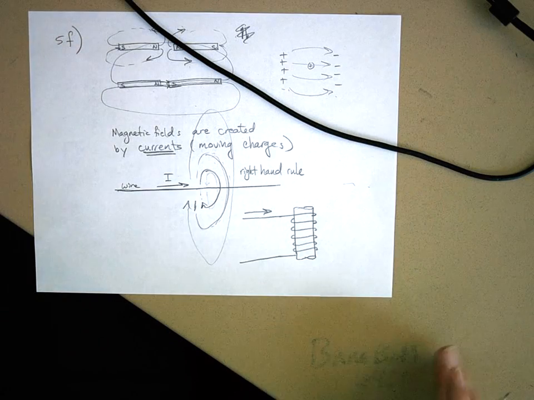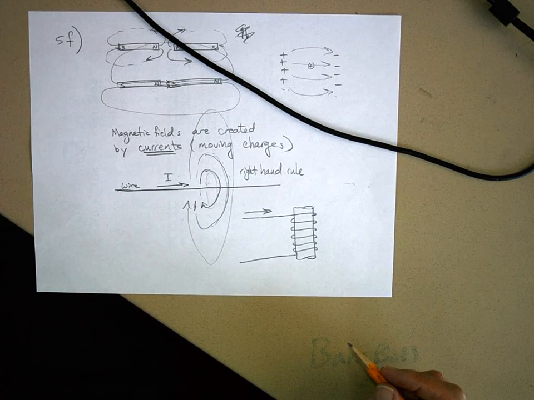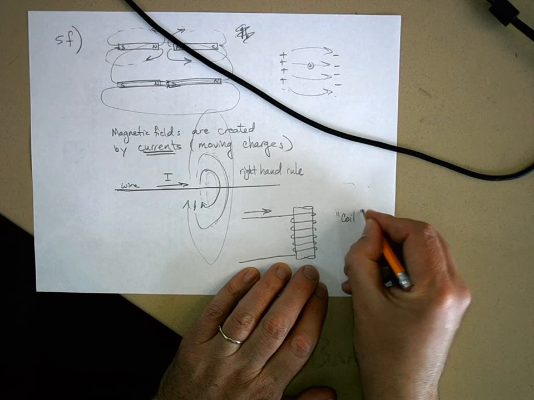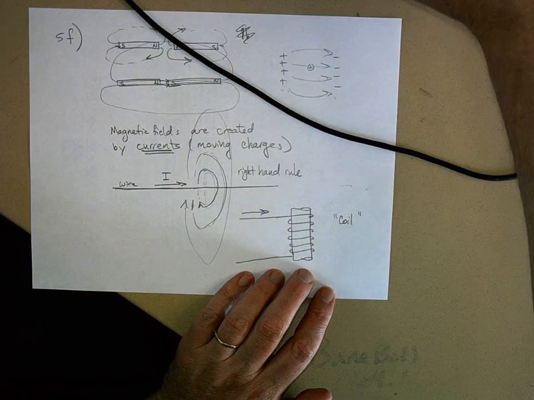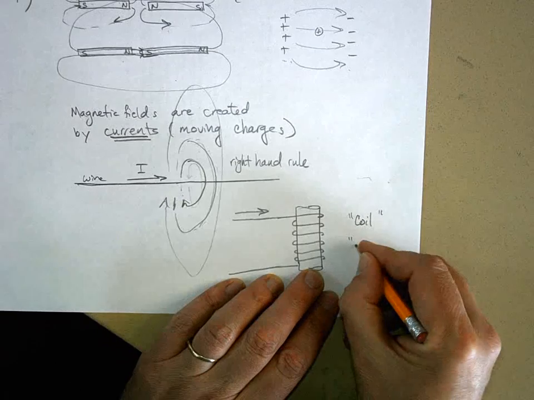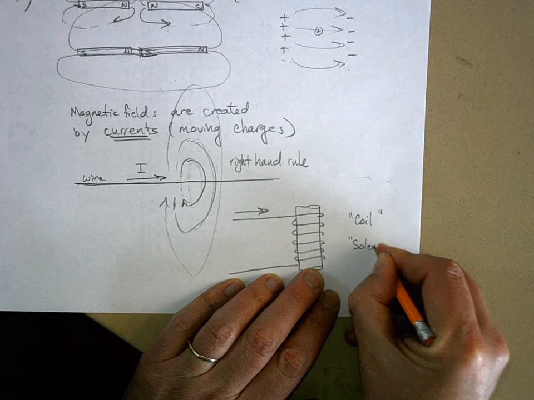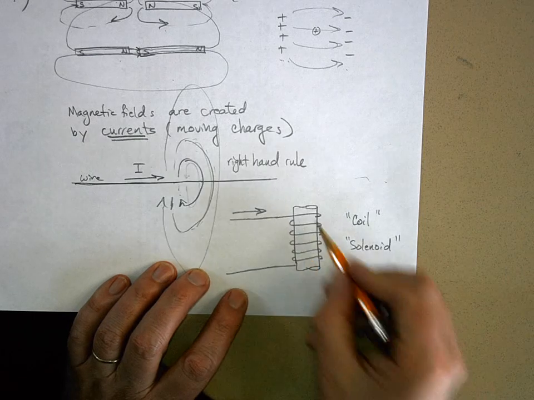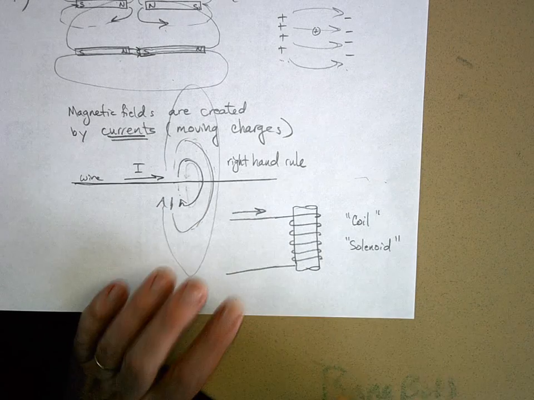It's called a coil. Also known, by the more complicated term, as a solenoid. But all it is is some kind of tube with wire wrapped around it.